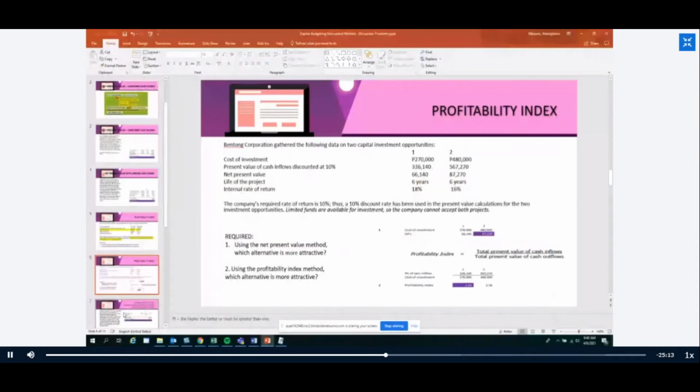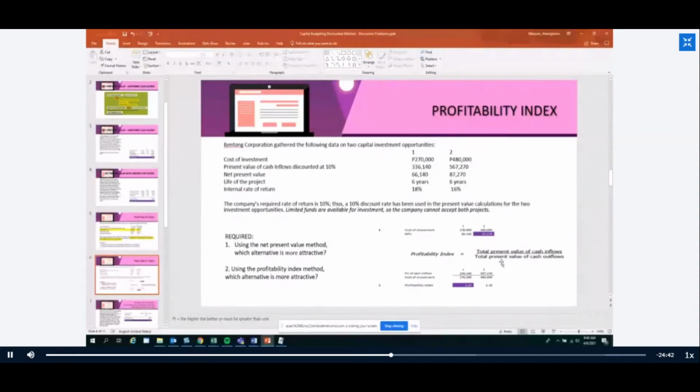Okay. So paano muna yung profitability index? It's total present value of cash inflows over total present value of cash outflows. May napansin ba kayo sa formula natin? Paikot-ikot na lang sila. So kung na-memorize mo na yung formula nung day 1 pa, pinapaikot-ikot na lang to arrive with another method.